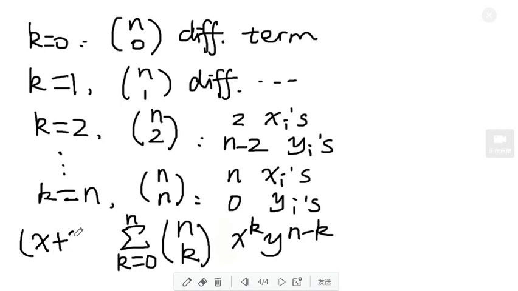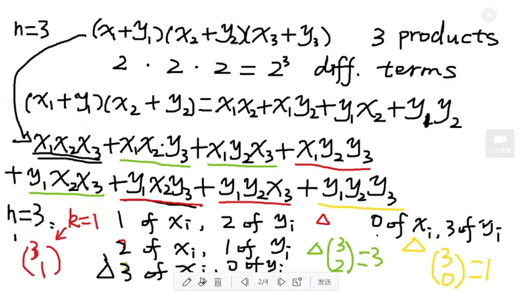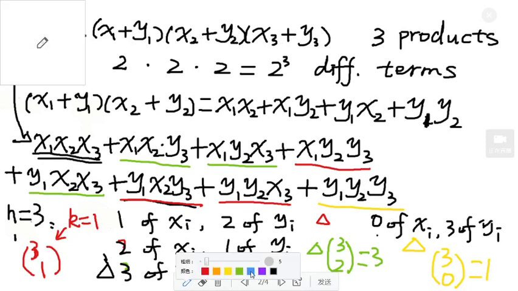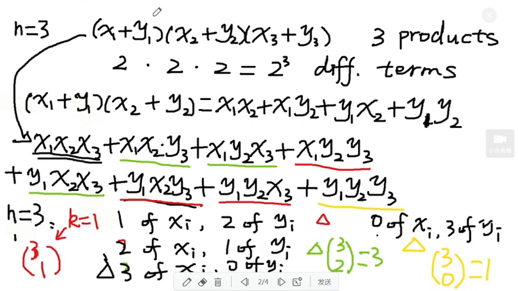This term is a little different, okay? Let's go back. Here all the x and y's are the same. So let's come back to the 3 case, and we know this is x1 plus y1, x2 plus y2, x3 plus y3. Now, let me choose a different color. So if all the x's are the same, that becomes a cube.